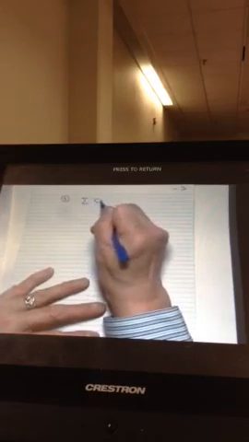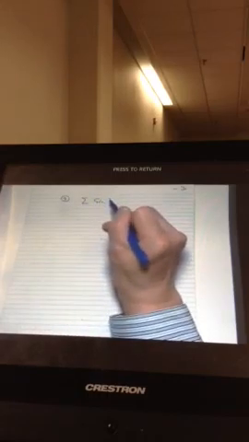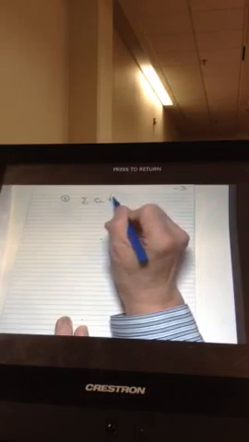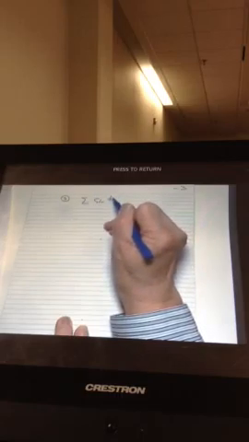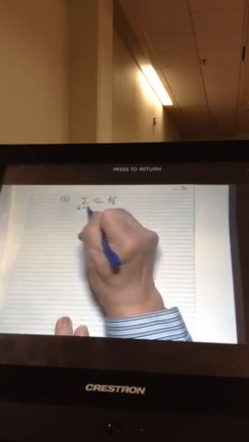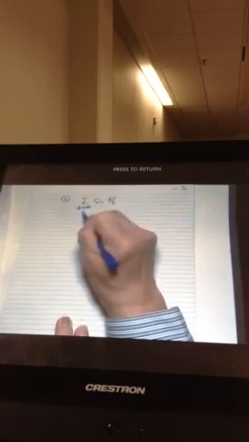I can give you another example. Okay, yes. So how about this example? The summation of sine of k pi over 2, k from 1 to infinity.